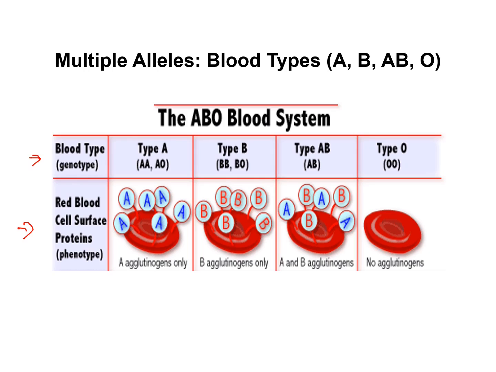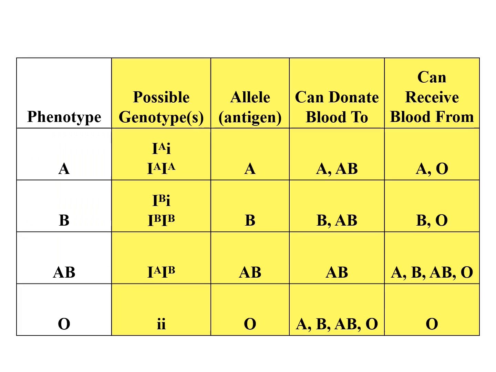For type A, you have only this type of protein, while in B, you have only this type of protein that is involved in the immune response, while in AB, you have both, and in type O, you don't have that protein. So there is a clear understanding of the mechanism, and it's a simple example of multiple alleles that can be understood with Mendelian inheritance.